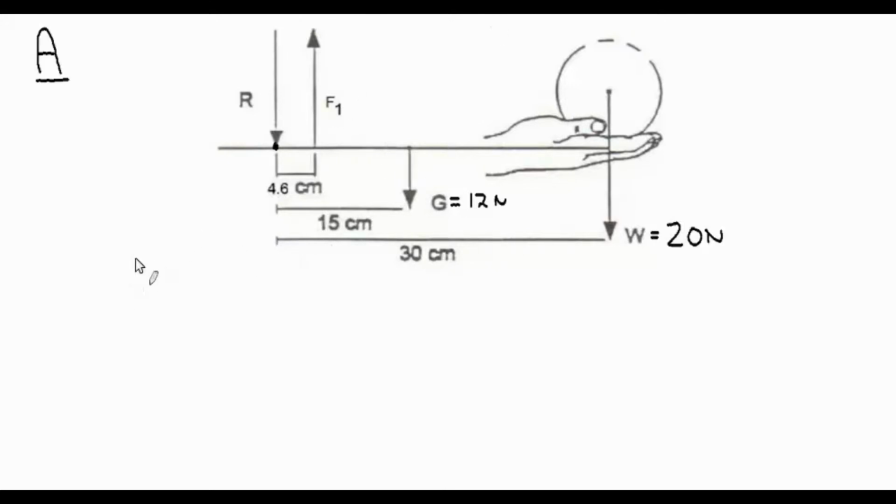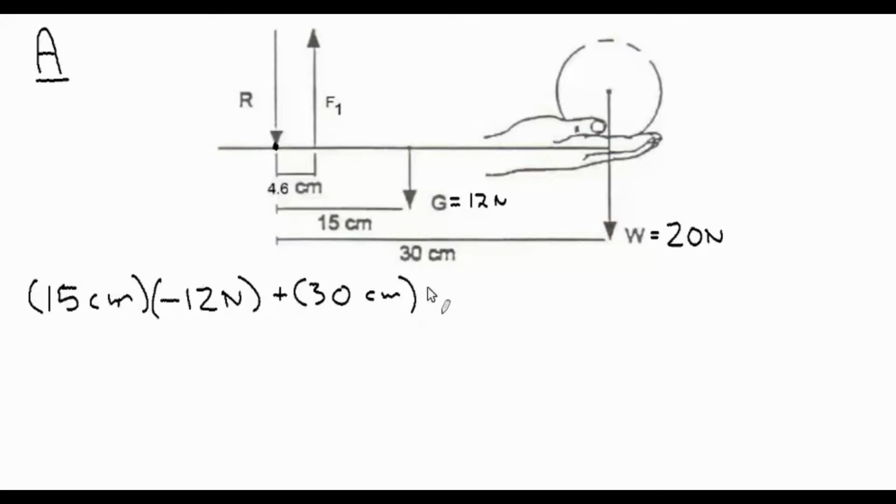And so when we compute the moments acting about the center of rotation of the elbow, the center of mass of the forearm has a moment arm of 15 centimeters, and the weight of the forearm is pointing down, so it's negative 12 newtons. And then the ball has a moment arm of 30 centimeters times a force of negative 20 newtons, negative because it's pointing downwards.